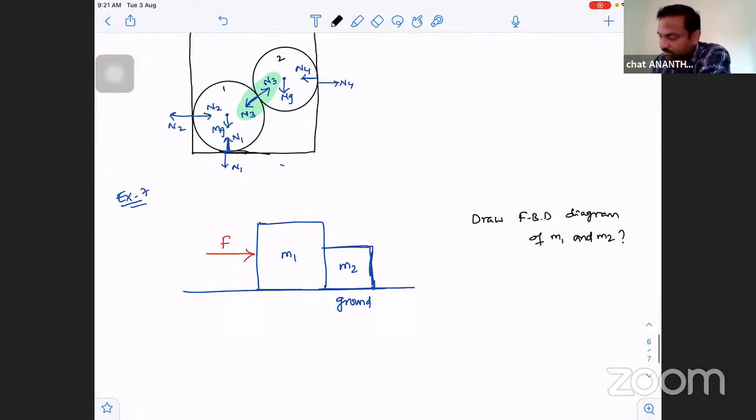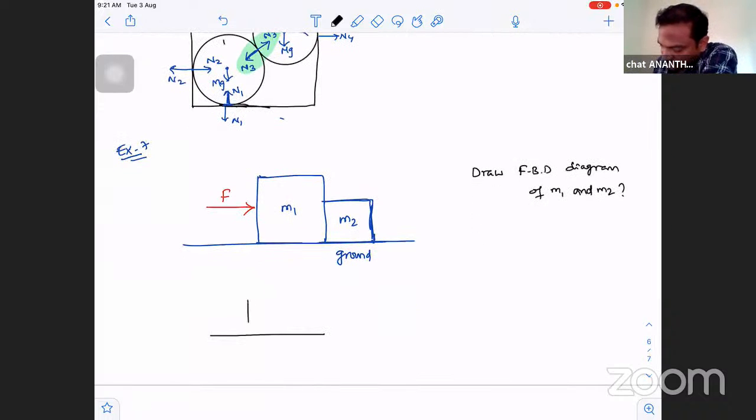See, suppose I take only the M1 object. F is the one force acting, which we are applying. Then M1g will act in the downward direction, gravity, and the normal reaction N1 will act upward. There is a contact between M1 and M2, so here also a normal reaction will act.